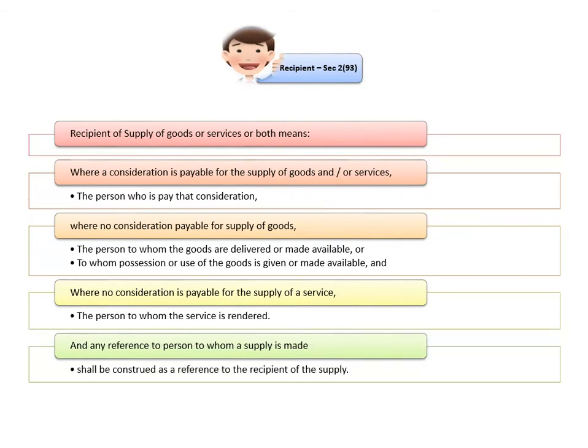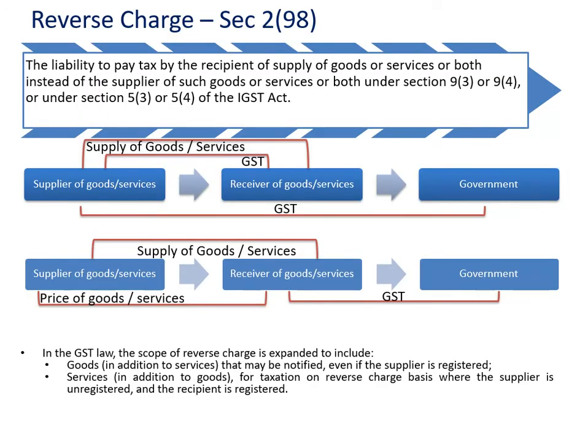Now, what is reverse charge? Reverse charge is the liability to pay tax by the recipient of the supply of goods or services, or both, instead of the supplier of such goods or services, or both, under section 9 subsection 3 or 9 subsection 4, or under section 5 subsection 3 or 5(4) of the IGST Act.